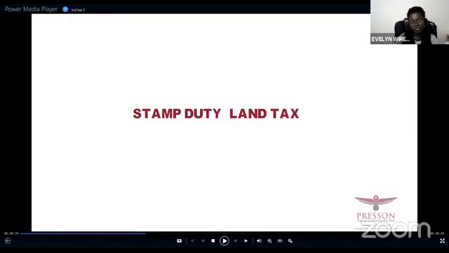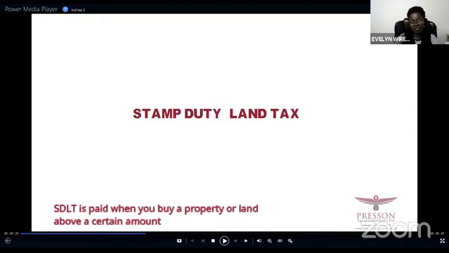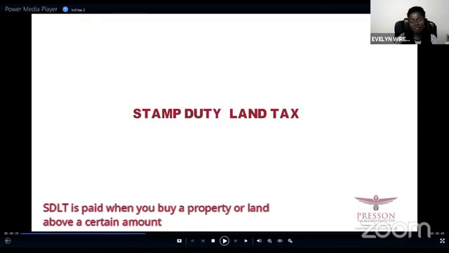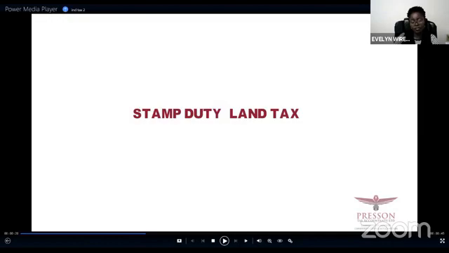This is paid when you buy a property or land over a certain amount in England. We will discuss this in detail later because there's a threshold, and only if the property is above that threshold do you pay the land taxes. But like I said, this is just an introduction to the UK taxes. So then let's look at the next one.